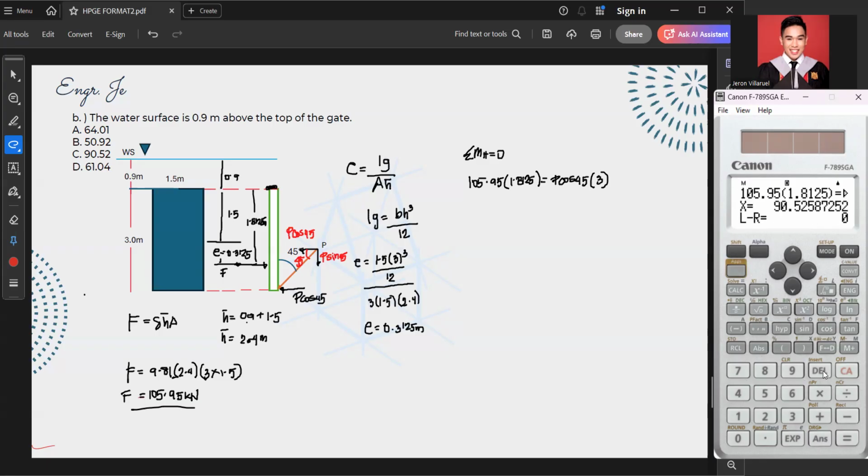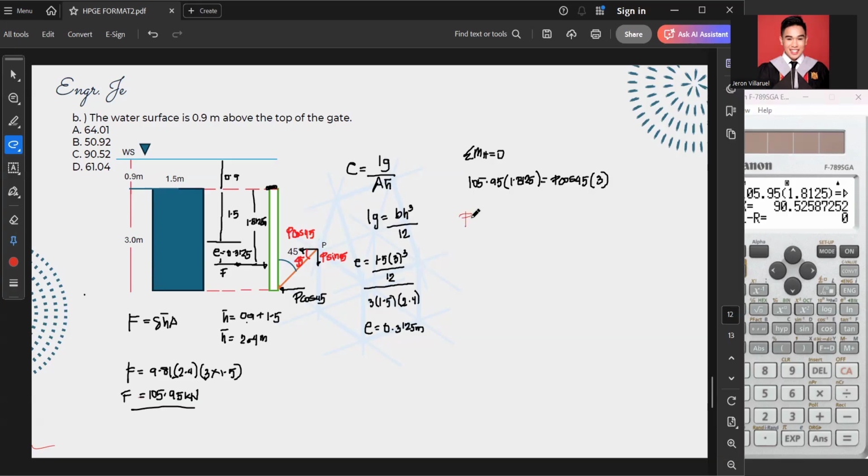And we can have an answer of 90.53, or in our choices, that's 90.52. So here, our force to keep the gate closed is 90.52 kilonewton. And that is letter C.